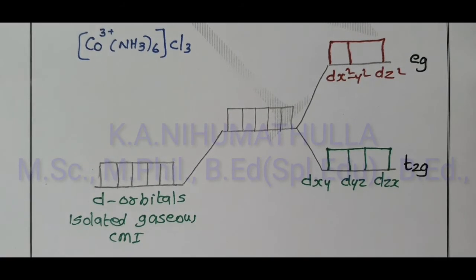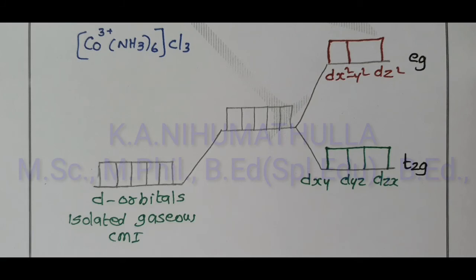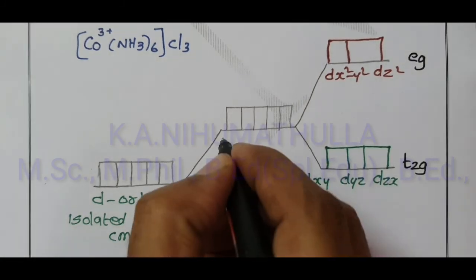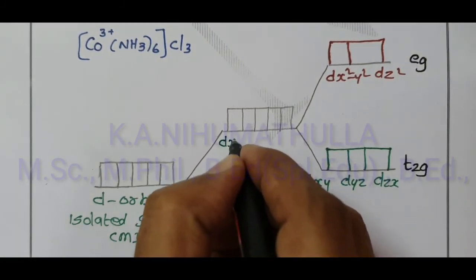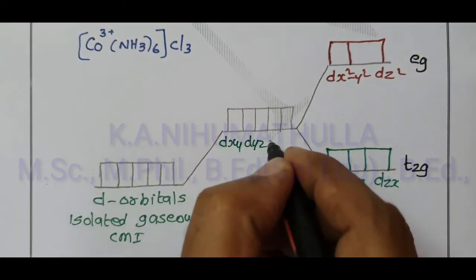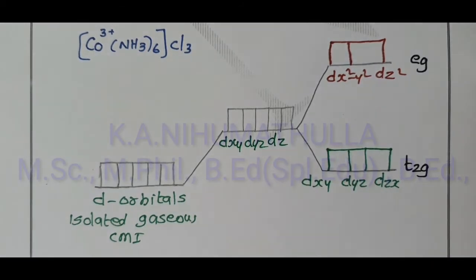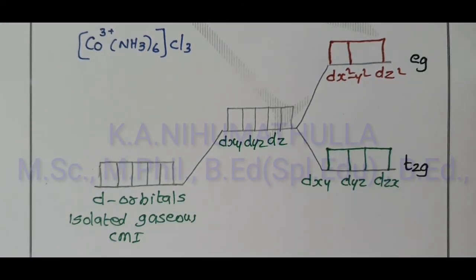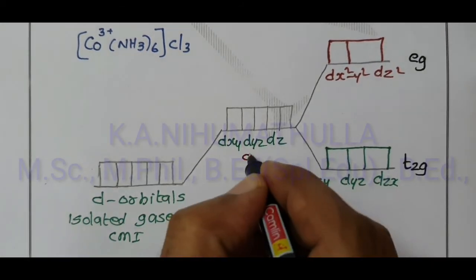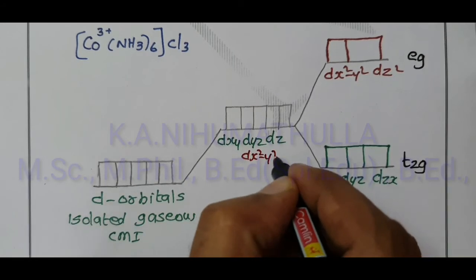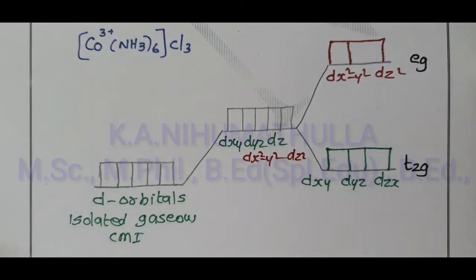So the 3 orbitals, dxy, dyz, dzx, are in T2g. The last 2 orbitals are dx squared minus y squared and dz squared.